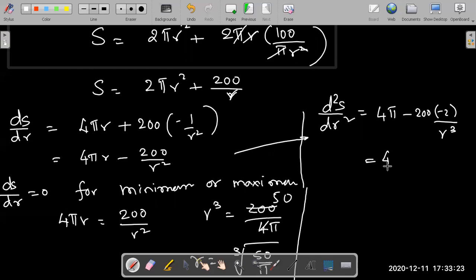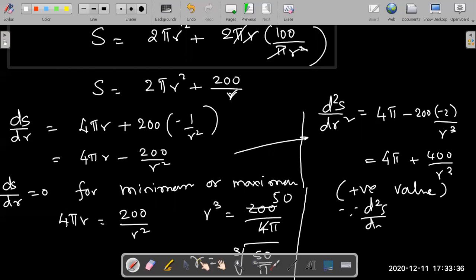So you get 4π plus 400 divided by r³. So this is a positive value. So since d²S/dr² is positive, the surface area S is minimum.